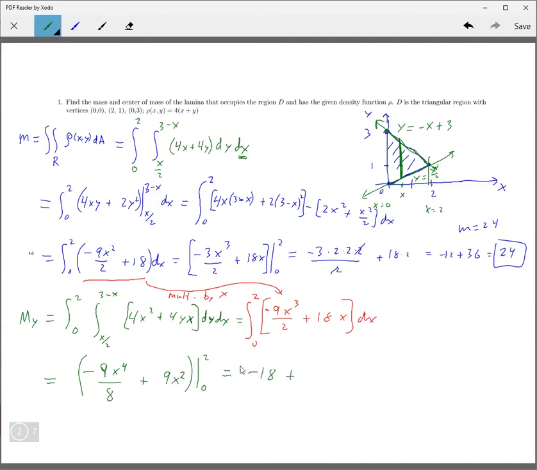Here, it's going to be 9 times 4, which is 36. So that's going to be 18. Okay, so that's the moment about the y-axis. Now, that means that the x-coordinate of the center of mass is 18 over 24, or 3/4.